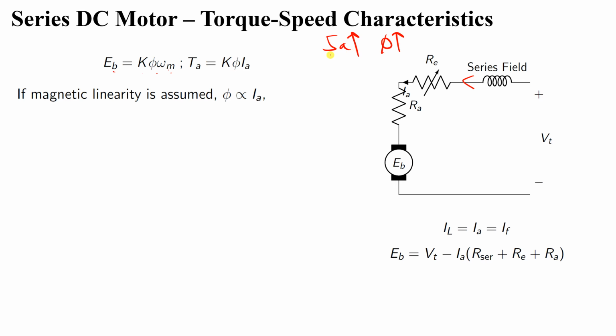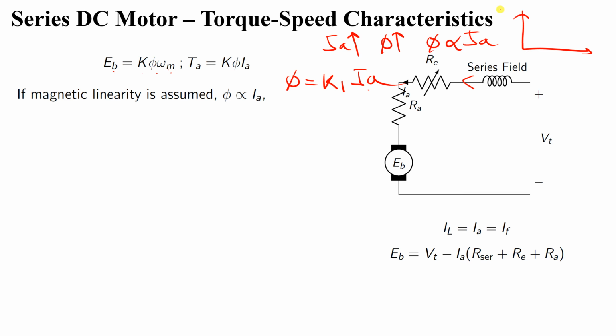Because I armature is exactly I field. So flux is directly proportional to I armature, so we can say that phi equals a constant, let's say K1, multiplied by I armature, of course assuming magnetic linearity.